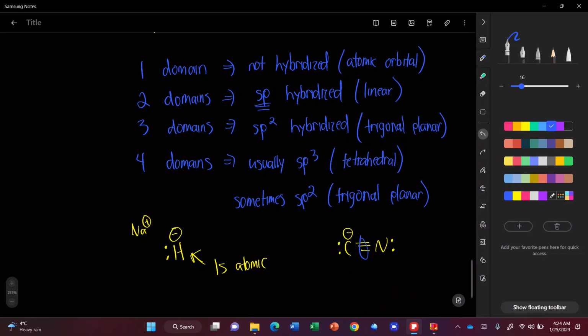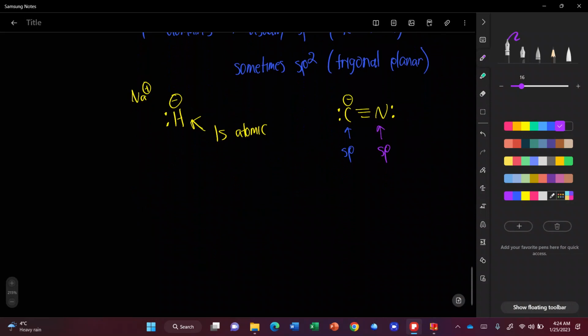If the carbon has two domains, that means the carbon is sp hybridized. And let's do the nitrogen. The nitrogen has one domain, two domains. So the nitrogen here would also be sp hybridized. Okay? Alright, so we can do some more.